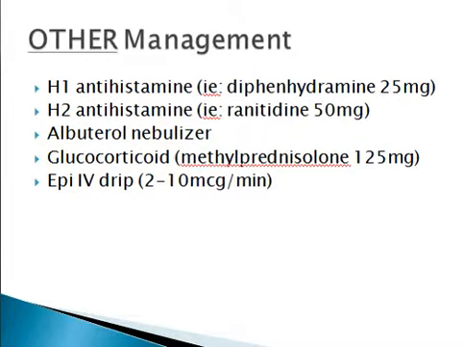Now, like I mentioned earlier, if someone was not responding to the third dose of epi IM, and they were still severely hypotensive, wheezing, and they look really bad, you can start an epinephrine IV drip. Start it low, 2 to 10 mics per minute, and crank it up as well.